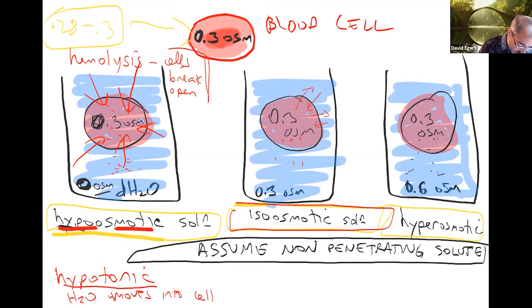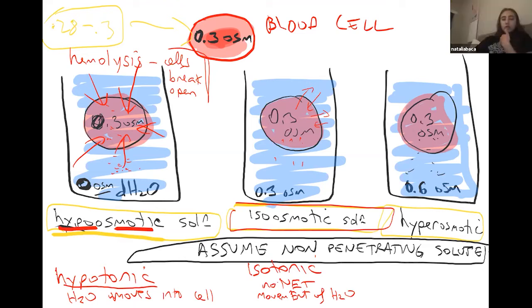So this is what we're going to call isotonic. No net movement of water. The water can come in and out, but ultimately you're not going to have more coming in versus coming out, so it's not going to inflate or deflate.